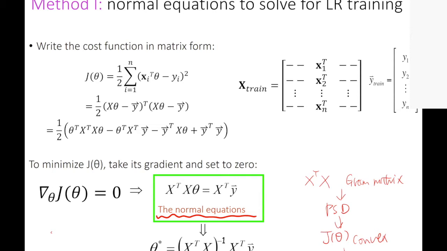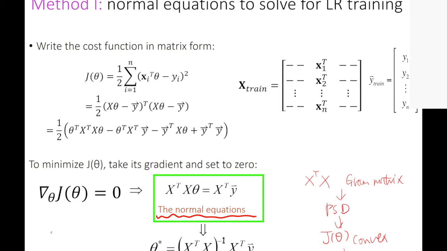Okay, as I told you, the reason we can set it to 0 and solve it is that this is a convex function, so it's actually easy to solve. In the previous quadratic case, how could I guarantee that J(theta) is a convex function?